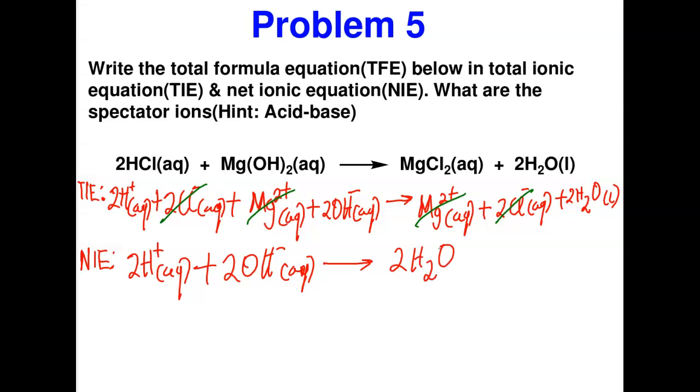And if you look at it, the equation is balanced, because here hydrogen is 2 plus 2 is 4, 2 times 2, 4. Oxygen is 2, oxygen is 2, the equation is balanced. And what it means is that the spectator ions, what are the 2 things we cancelled? First one is chloride ion and magnesium ion are the spectator ions.